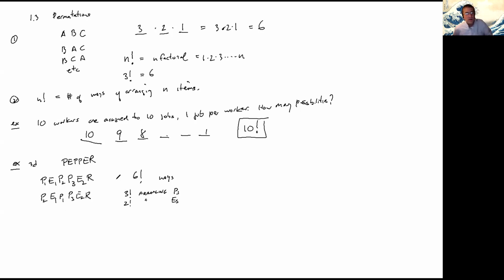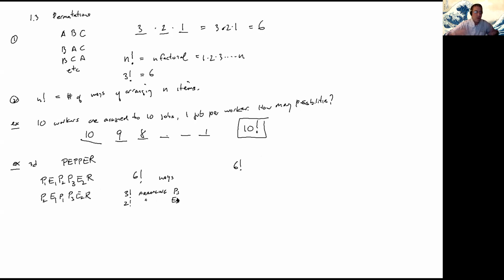So what we have to do is take the 6 factorial, the set of all these arrangements, and group together the arrangements which don't change the original word. And we know that there are 3 factorial ways of arranging the P's and 2 factorial ways of arranging the E's.